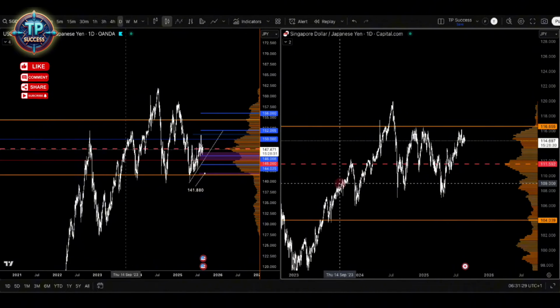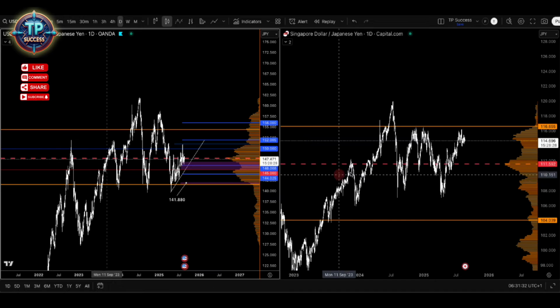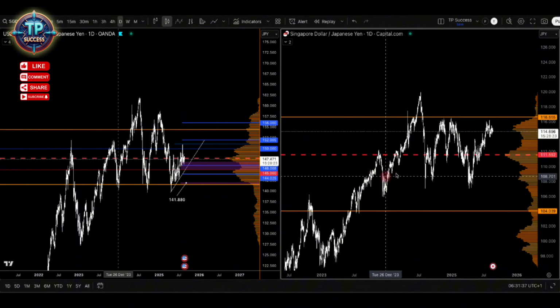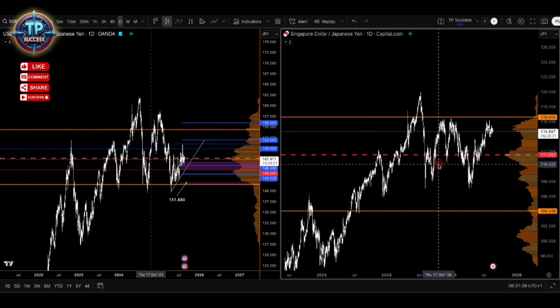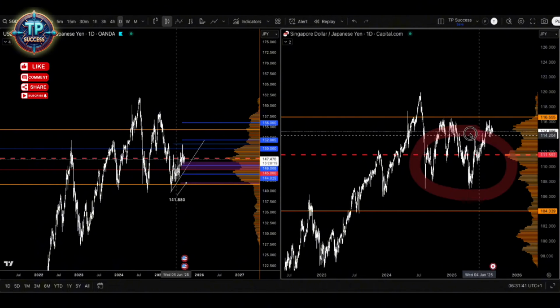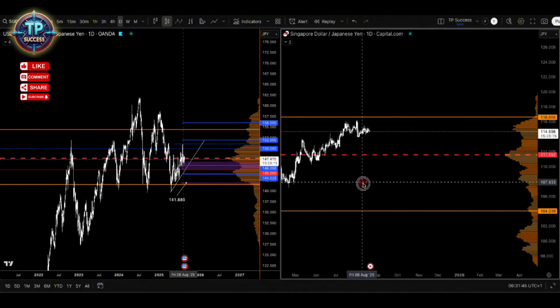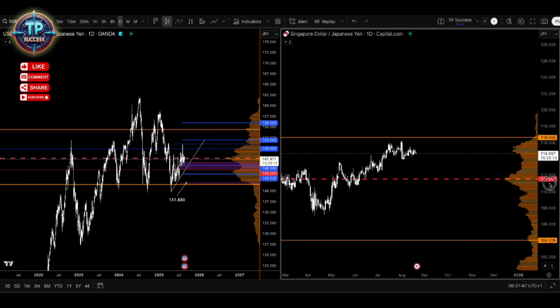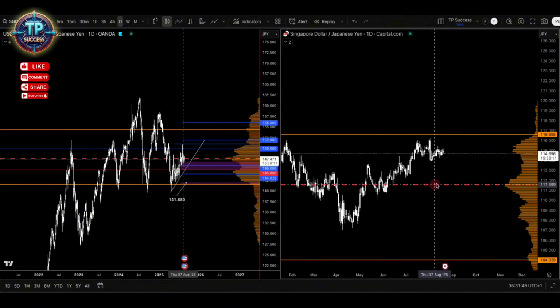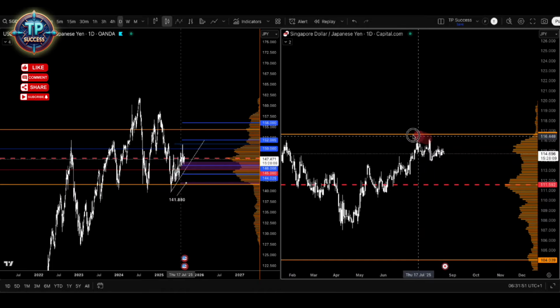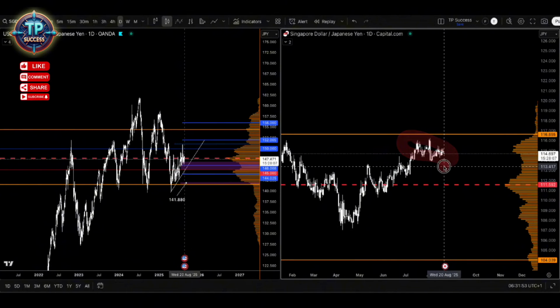Okay, so making price comparison, they are both inside of the high value area of the volume profile, which is this area right here. Okay, we do have consolidation on the top side at the moment. That's this area right here, right?